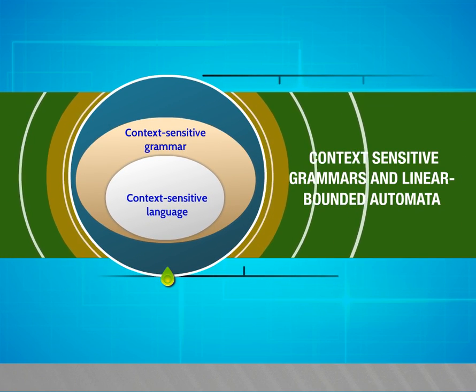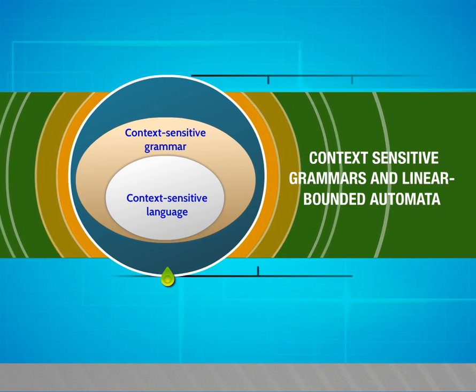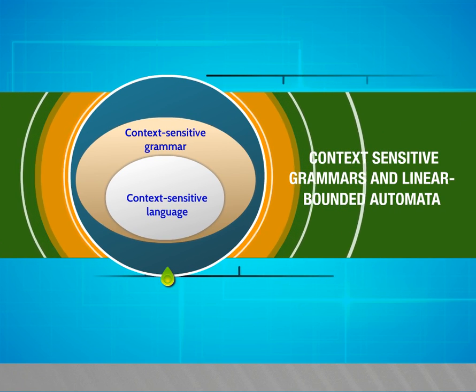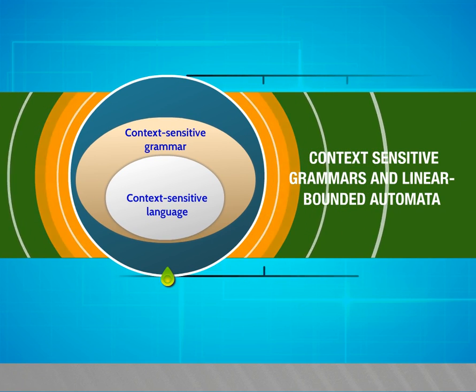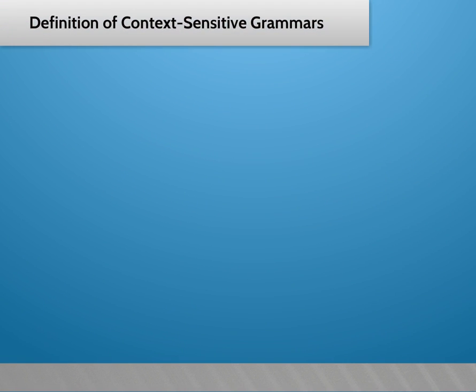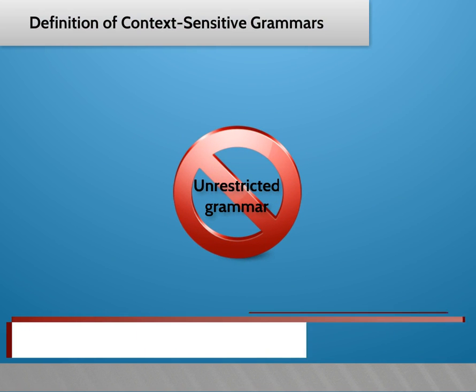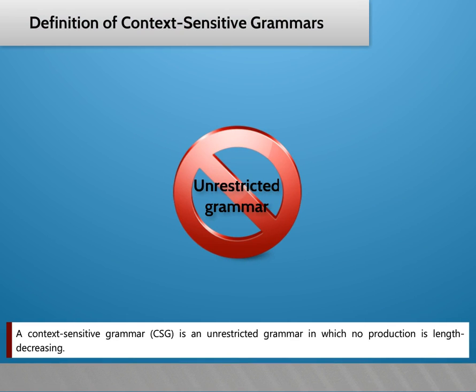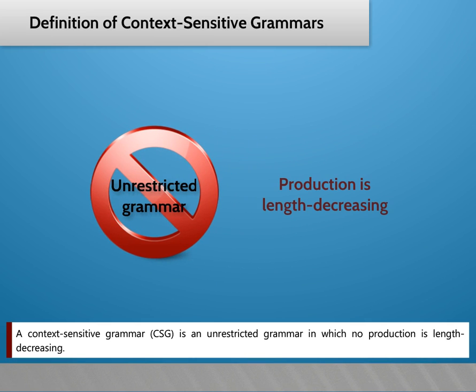Context-sensitive grammars and linear-bounded automata. In this video, we are going to see about context-sensitive grammars and linear-bounded automata. Definition of context-sensitive grammars. A context-sensitive grammar, that is CSG, is an unrestricted grammar in which no production is length-decreasing.